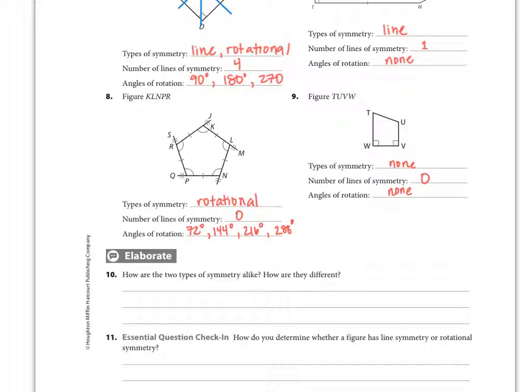Number 8 has only rotational symmetry, and it has these degrees down here, 72 degrees, 144, 216, 288. If you're to do this on a transparency, if you rotated it so that this part right here matches up with this part, then think about how many more times you can do that so you get the same figure.